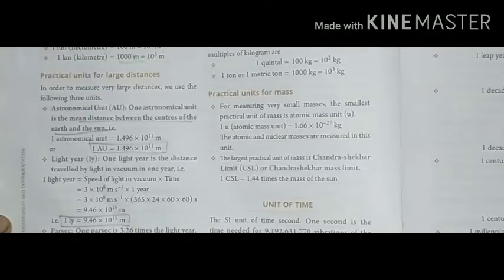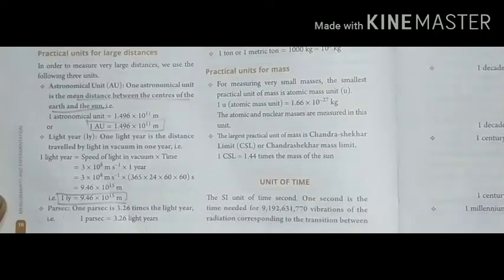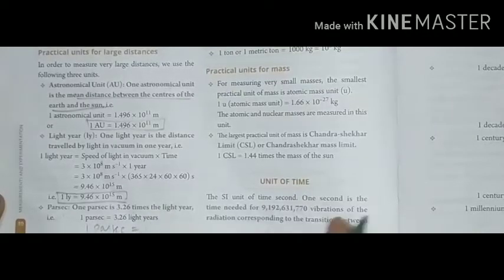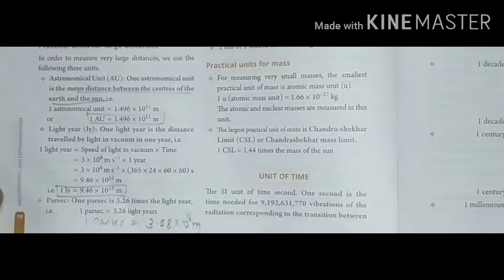You should remember that 1 parsec equals 3.08 into 10 raised to 16 meter. This is mainly used when we are talking about distances.